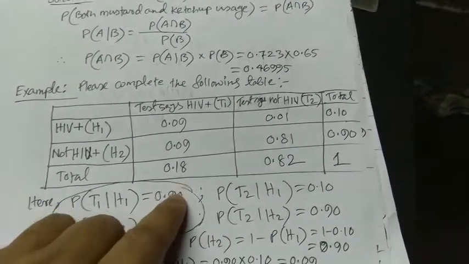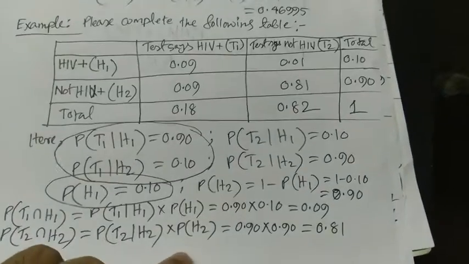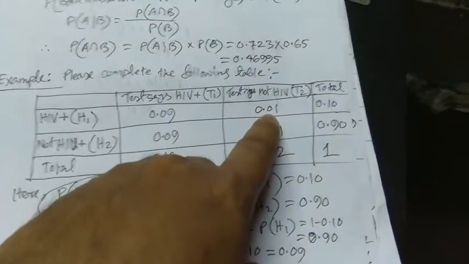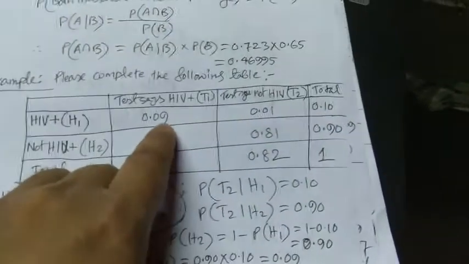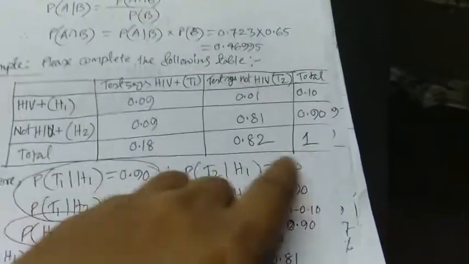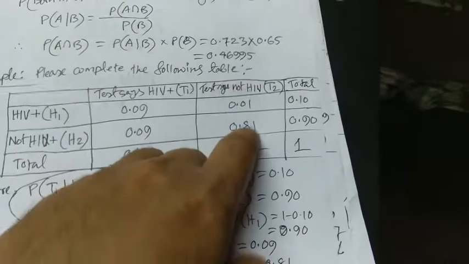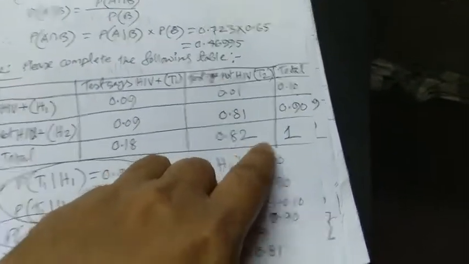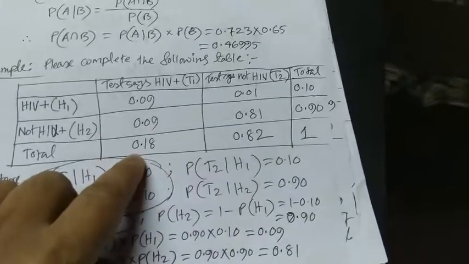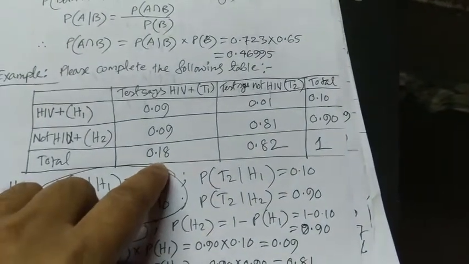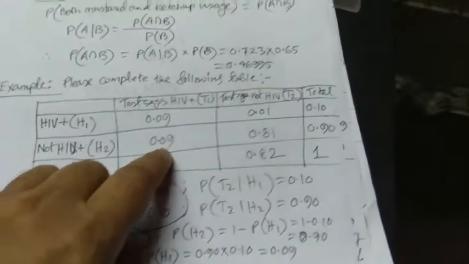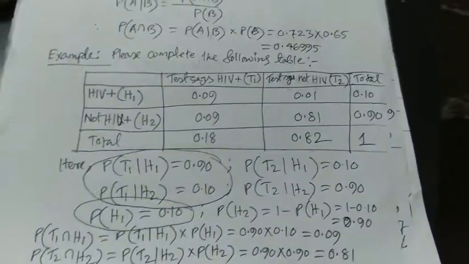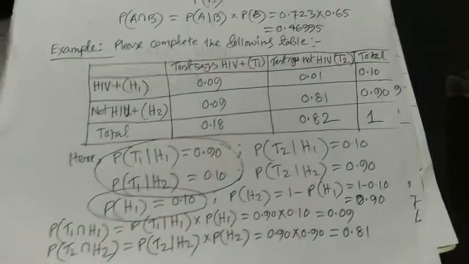This one is 0.01, so that means this one is 0.09. Again 0.81 plus 0.01 is 0.82. If this one is 0.82 and the total is 1, so this one is 0.18. Then this one should be 0.09.